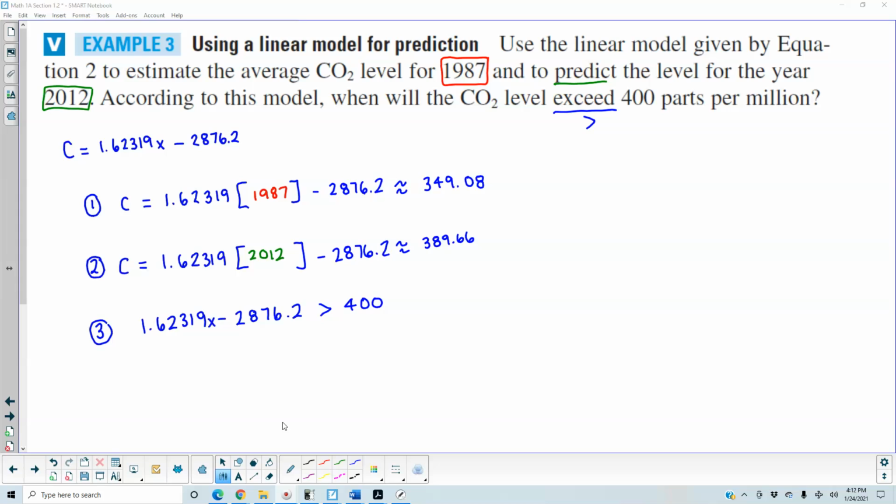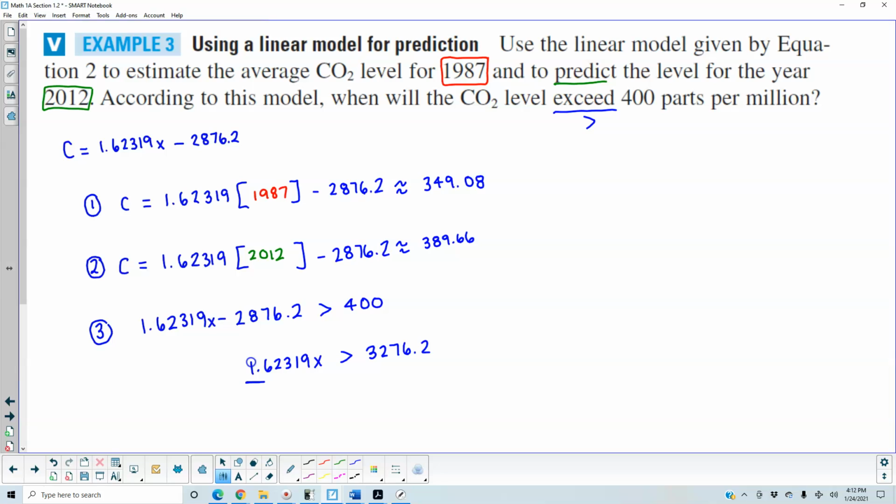So if we add 2,876.2 to the right side, then we get 1.62319x, which is greater than, adding it to 400, which gives us 3,276.2.